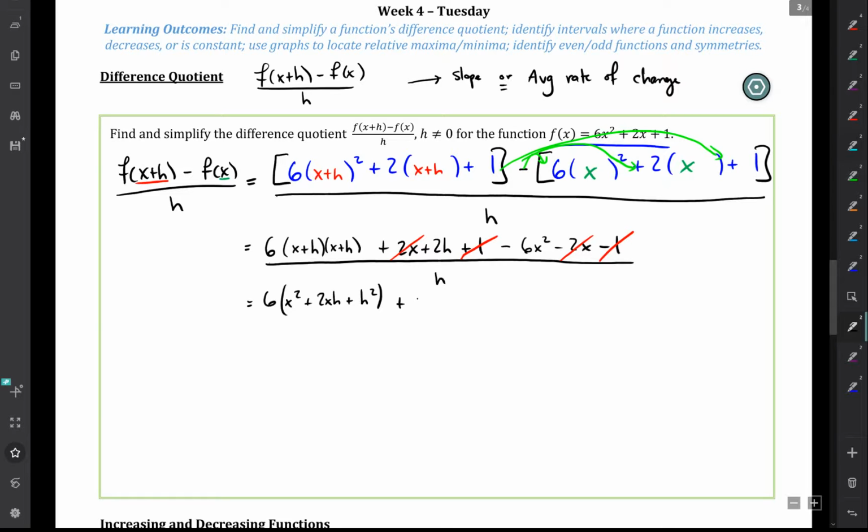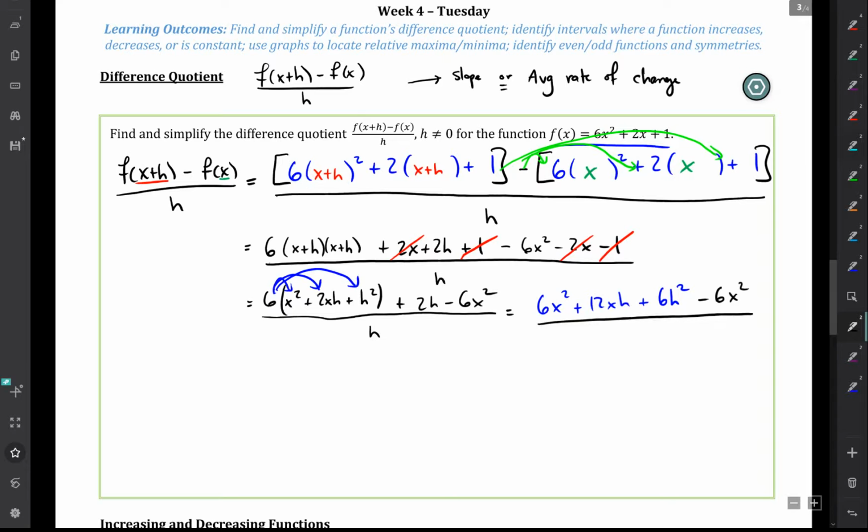And then it's going to be plus 2h minus 6x squared all over h. And now when I distribute this 6 in to the thing I just foiled, I'll get 6x squared plus 12xh plus 6h squared minus 6x squared over h.